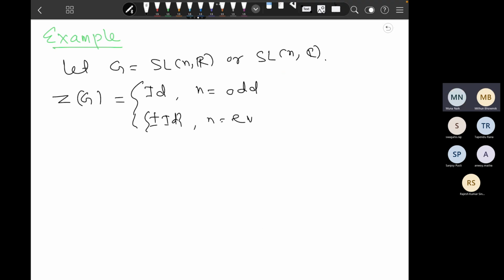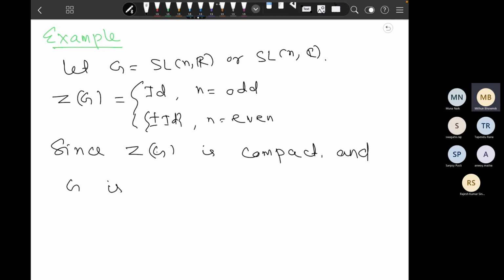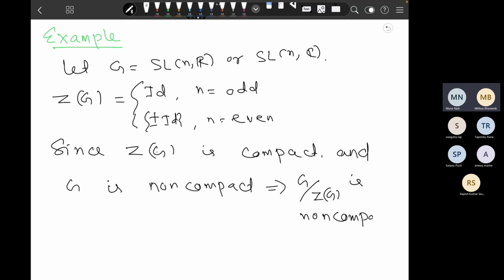I am using the fact that ZG is lambda times I. Since ZG is compact and G is non-compact, this implies G mod ZG is non-compact, because of the previous proposition.